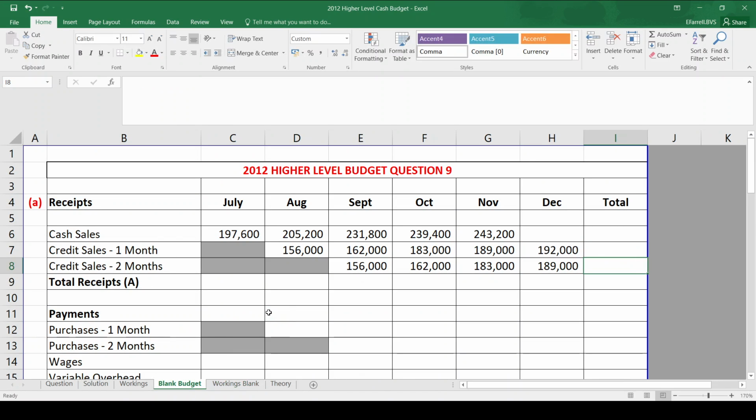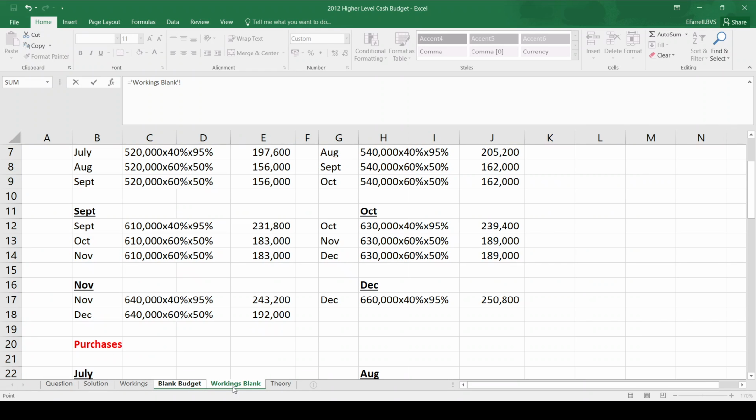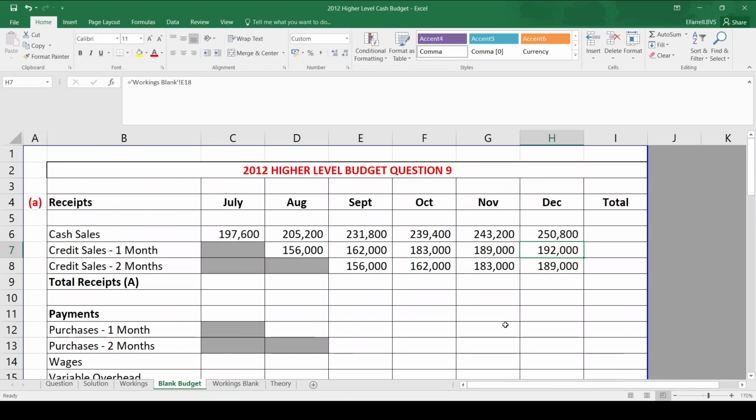And I don't need to work out January because we're only doing up as far as December. And for December, I only need to work out the cash amount that I get in straight away, 250,800. I obviously don't need to do January or February, the 1 month or 2 months, because we're not asked to do January, February.